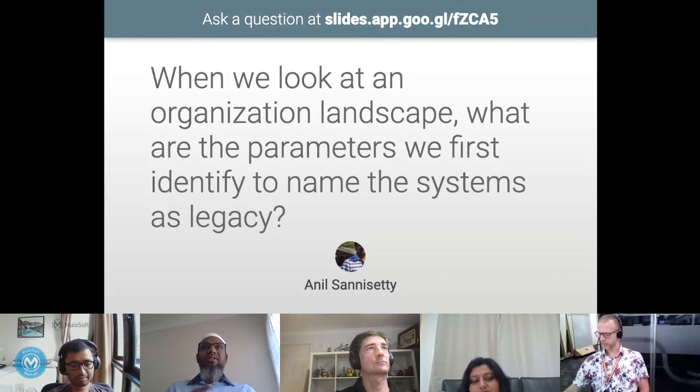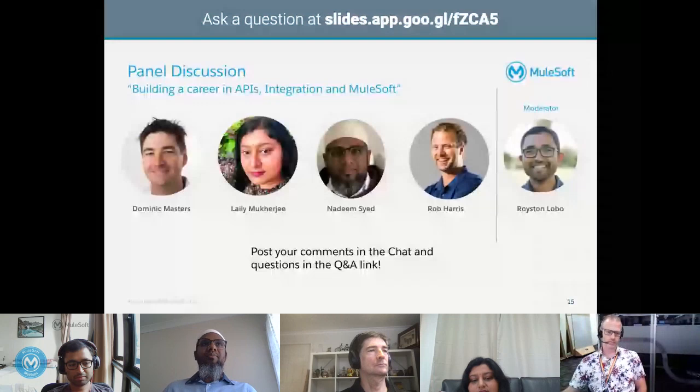That's the best tick box to say that this is a legacy application. The second thing is that since the technology becomes old, you find very rare skill sets to maintain and develop it, and very few people available in the market. Then it becomes an absolute legacy system.